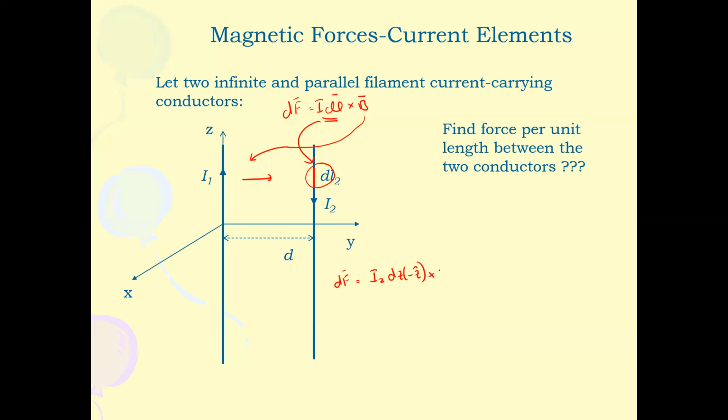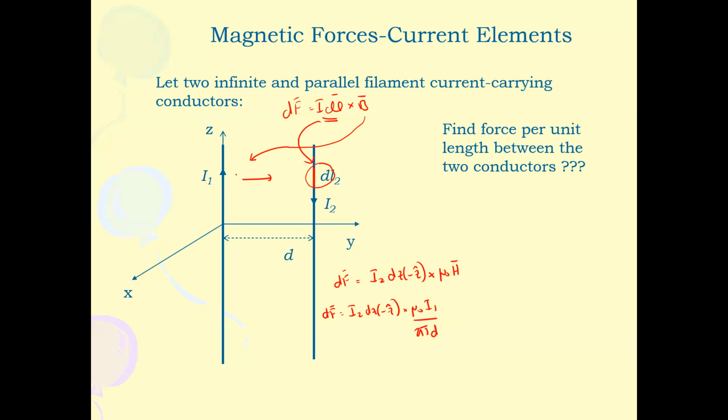So we're going to have mu naught of the H field, because we have learned that B equals mu H for the case of a free space environment. So we're going to have dF of I2 dz of negative z direction, and then mu naught and H. Because this filament I1 is infinite in length, H is I1 divided by 2 pi d.